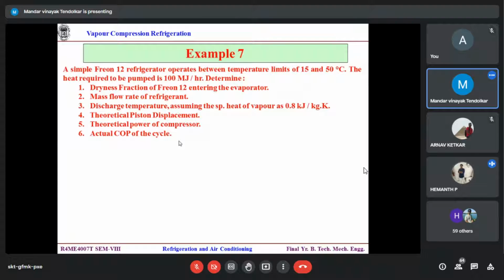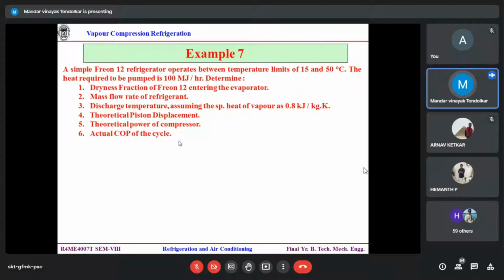Sir, this is the same cycle, but it may be a heat pump, I think. Heat required to be pumped is given. Pumped means taken. Absorbed, or is it rejected? It is rejected, it's a heat pump, sir.